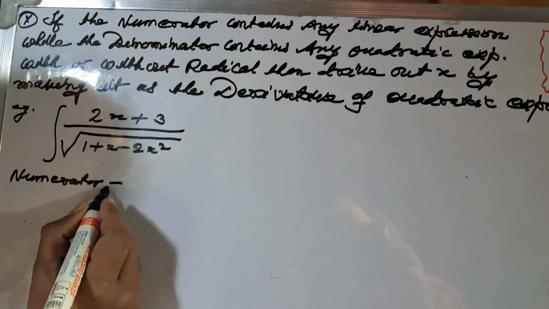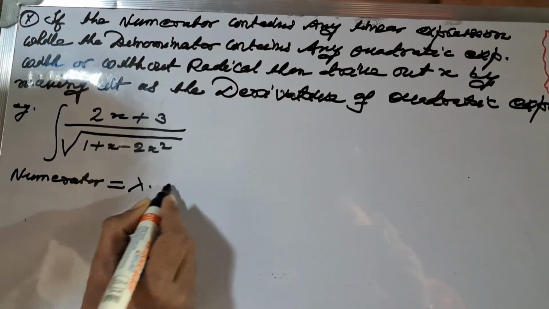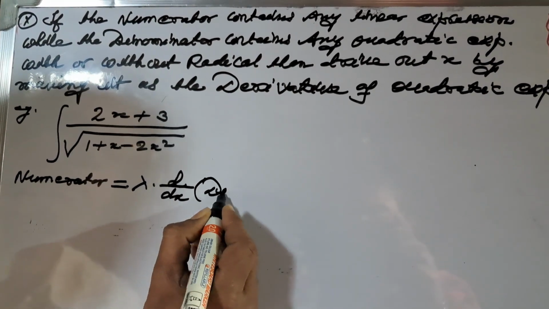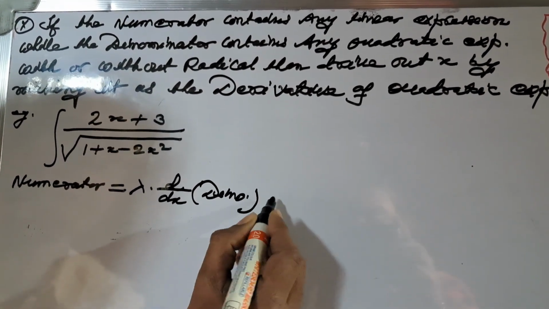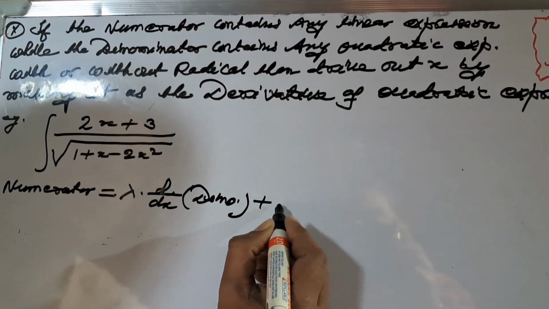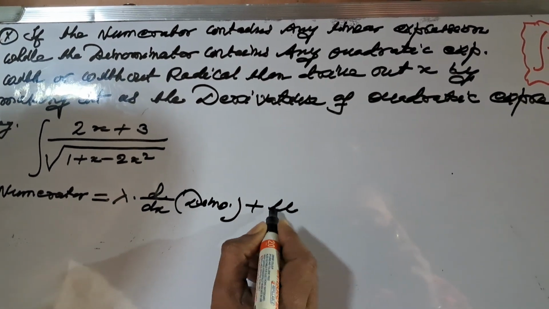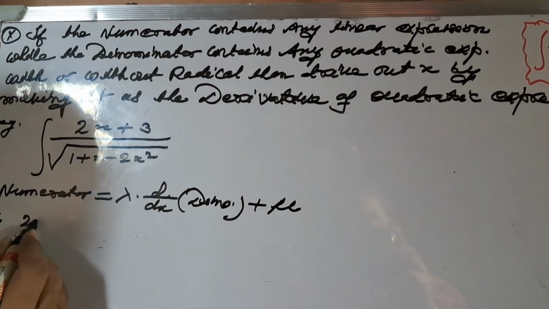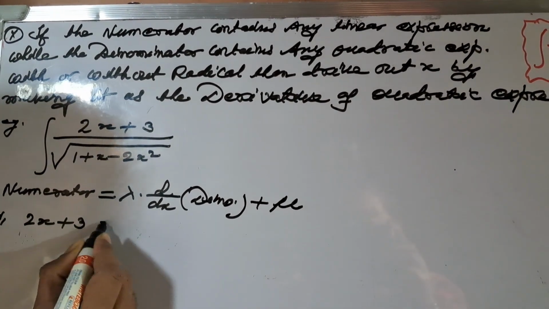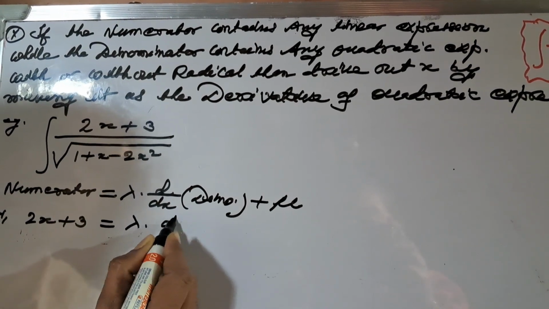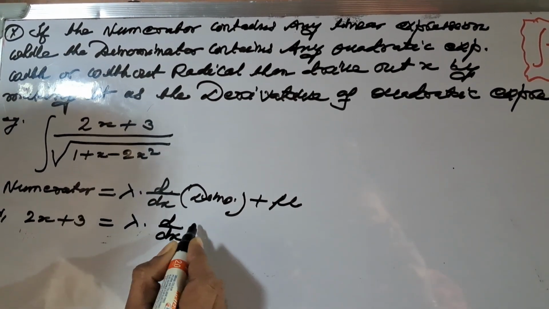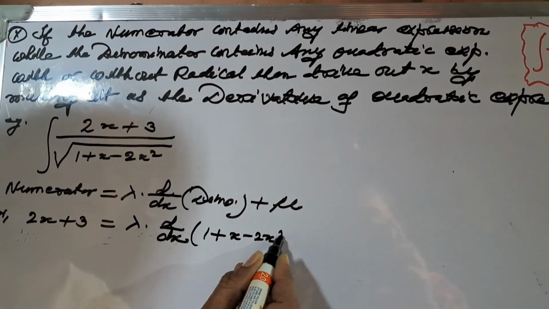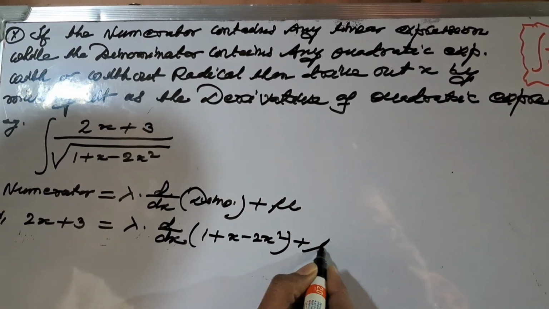numerator is equal to lambda into d/dx of denominator, lambda into d/dx of denominator plus mu. Numerator is here 2x plus 3, and this is d/dx of denominator, 1 plus x minus 2x square, plus mu.